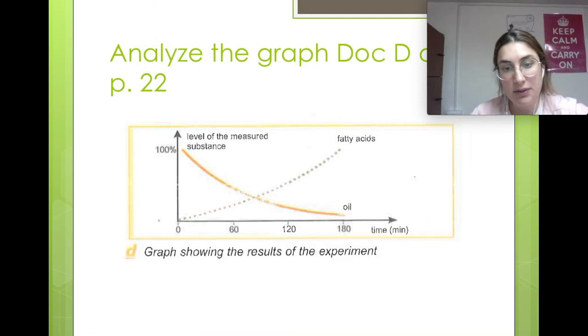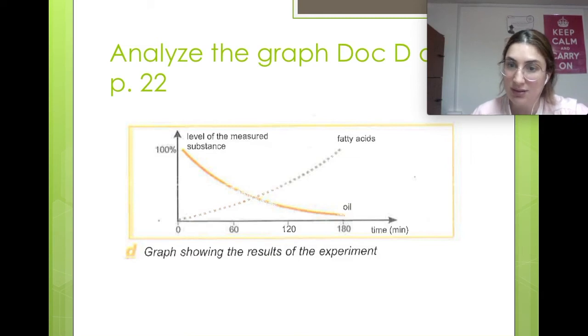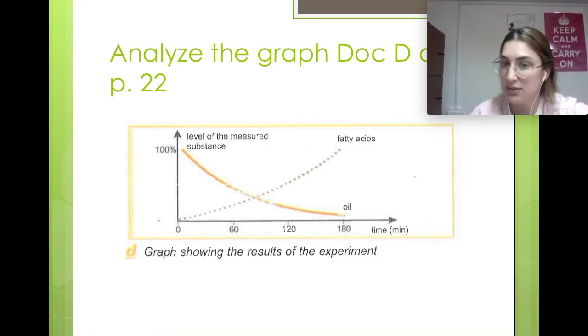As the time increased, the amount of oil decreased sharply? No. Steadily? No. Slowly? Yes. So it decreased slowly to reach approximately 0% at time 180 minutes, which is 3 hours.